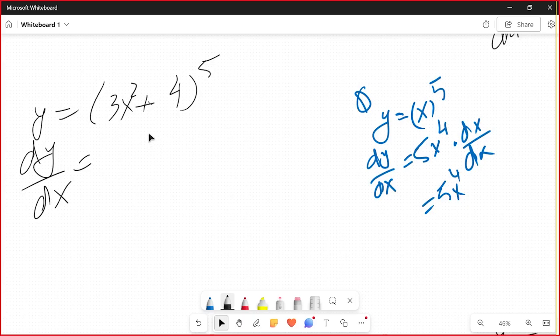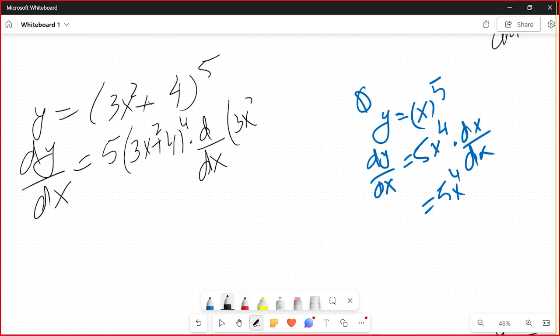So dy upon dx becomes, bring 5 down. Then in brackets 3x squared plus 4 to the power of 4, and now we put a multiplication sign, which is a dot, d over dx of 3x squared plus 4.